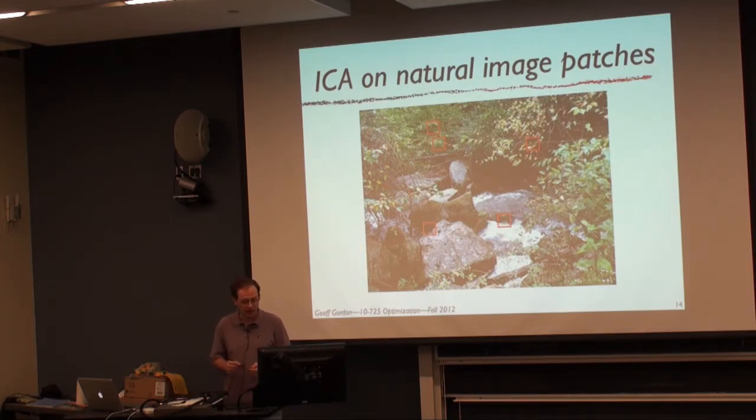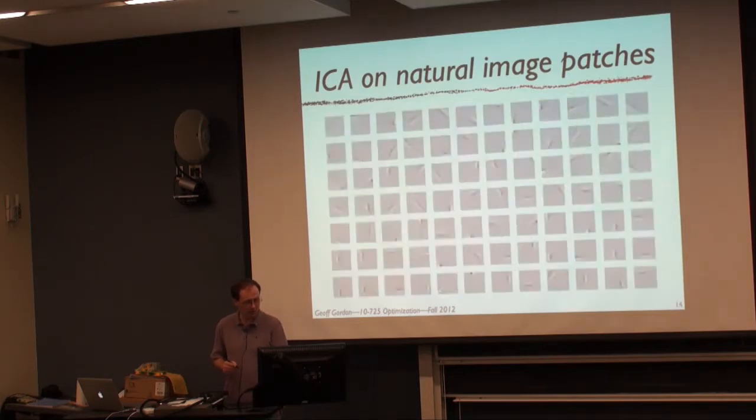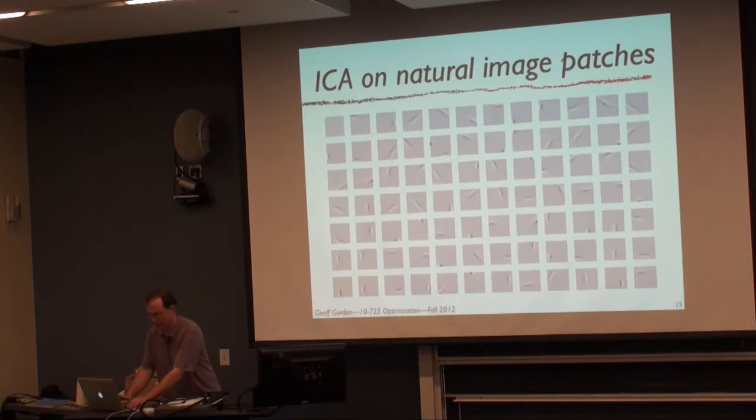Okay? And so what that does, if you do it on natural images, so here these are the result of ICA on some 12 by 12 grayscale patches. So we learned a matrix that's 144 by 144. We take a particular row of W, right? So that's something that we take the dot product with our image patch.